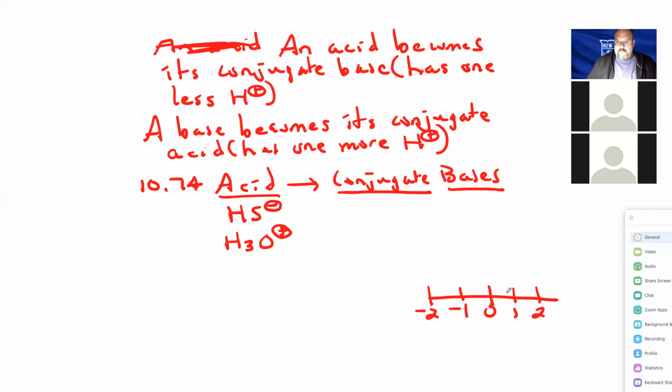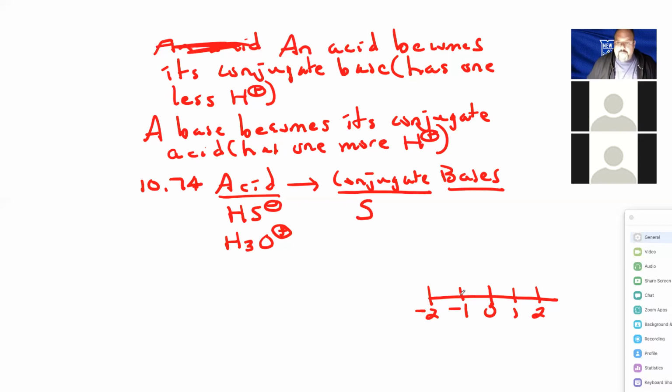All right, first example, HS minus. How many hydrogens are there? There's only one. If I take one out, I'm left with none, but I still have the sulfur. The charge is -1. For an ion, if you have a plus or minus with no number, that means either +1 or -1.